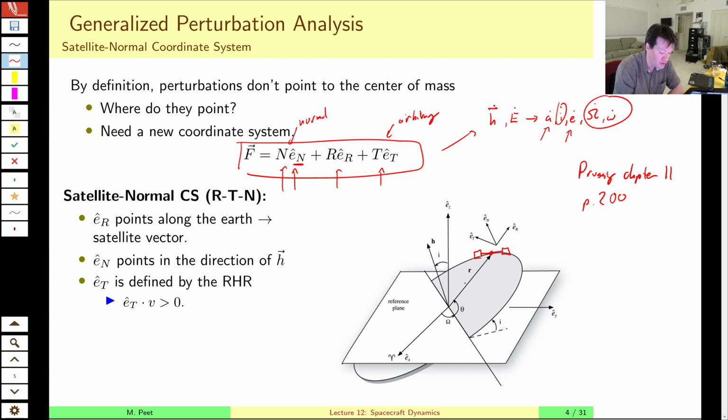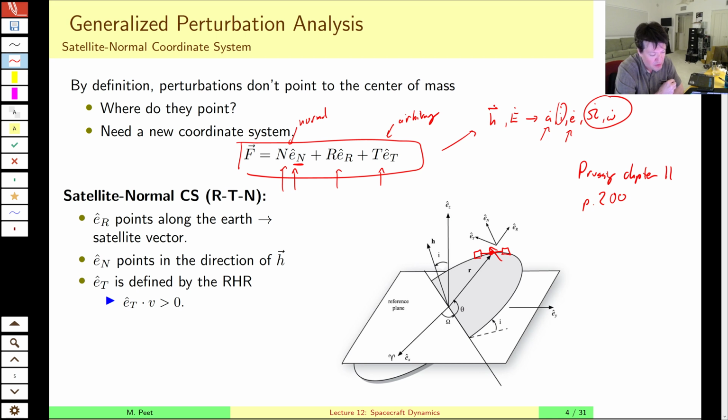It doesn't really look like it from this diagram, but this N here is out of the plane of the orbit, perpendicular to the orbital plane. So, for example, drag, unless you have some lift, doesn't typically have a normal component.